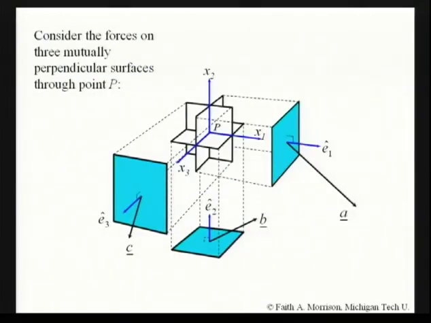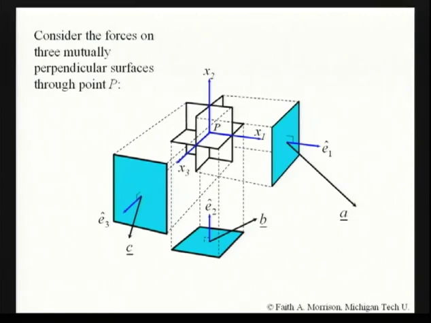We define the components of the stress tensor as the components that tell at that point P what the stress would be on three chosen surfaces that are the ones that are perpendicular to our coordinate directions. So we're just using this for nomenclature. And we use that nomenclature to define the vector forces on those three surfaces.